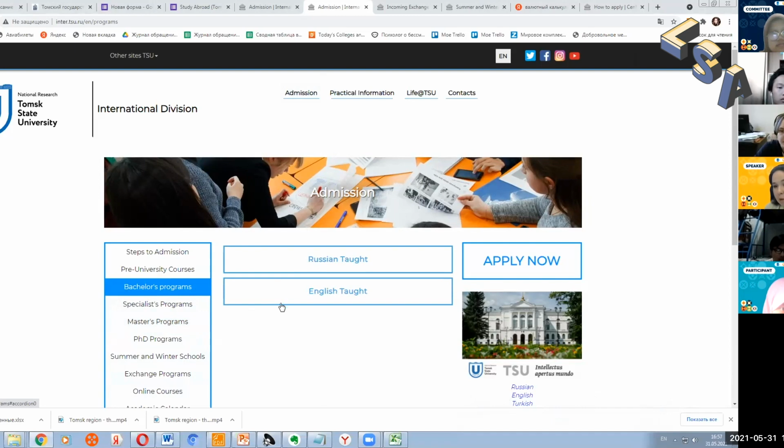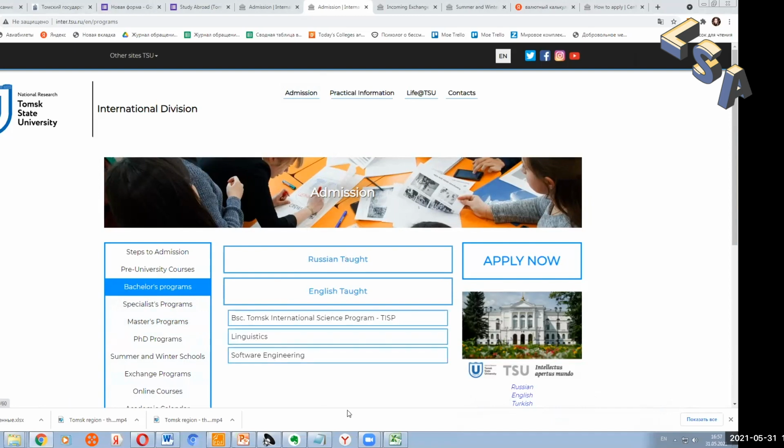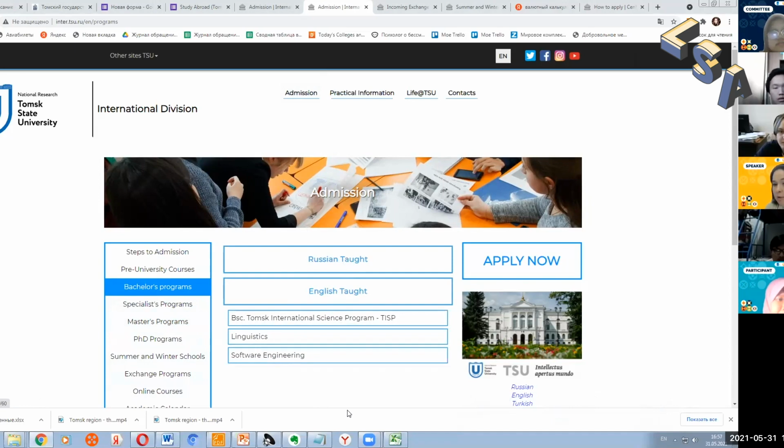Here you can choose what you need, Russian taught or English taught. Let's choose English taught. Here we have 3 choices for bachelor degree. One of them is software engineering, which Agnia has been talking about. Besides, we have Tomsk International Science Program. It's a combination of different sciences, and linguistics for those who are interested in this aspect.